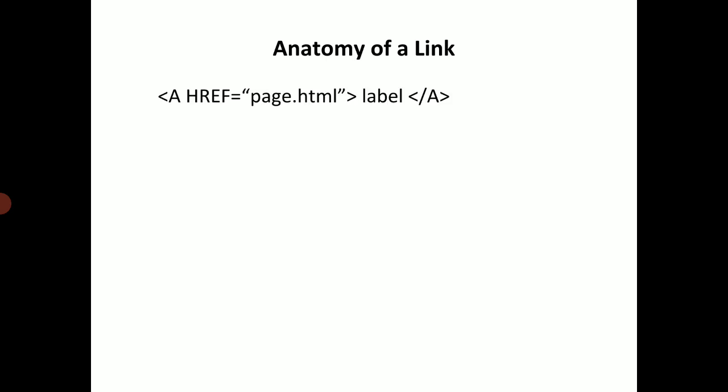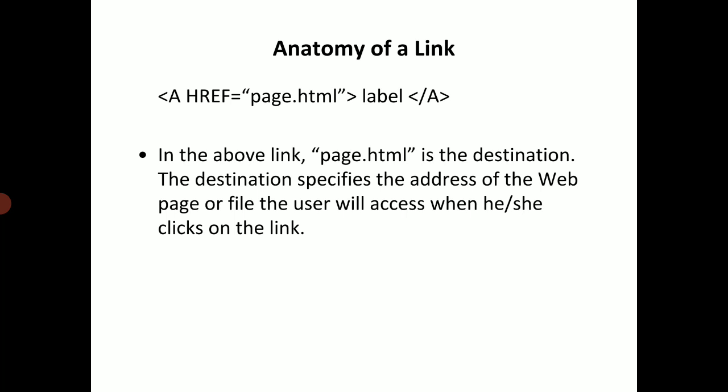Next, anatomy of a link. a href equal to page.html, label. Next, close the anchor tag. In the above link, page.html is the destination, and the destination specifies the address of the web page or a file the user will access when he or she clicks on the link.